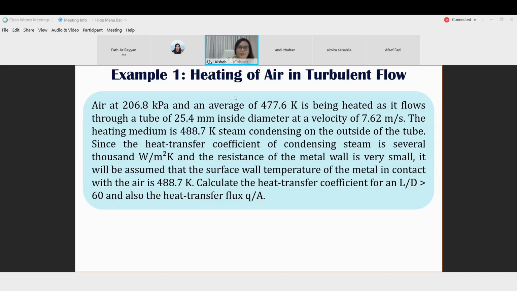So the important parameters that you can find here are the first temperature of the air going in, then the inside diameter of the tube and the velocity of the air, and then the heating medium of steam.